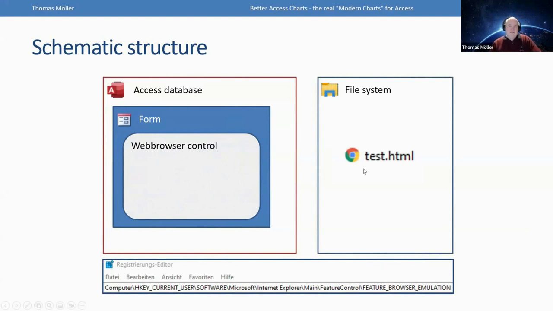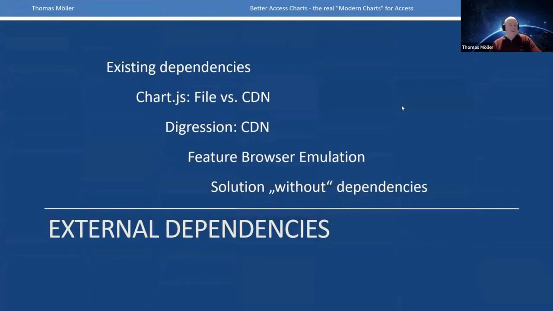In the local file system, I save the HTML file, and this HTML file is loaded into the web browser control where the chart is shown. And the HTML file deals with the files for Chart.js, which are also stored in the local file system. So it's working. We can do charting with a JavaScript library directly in Access.